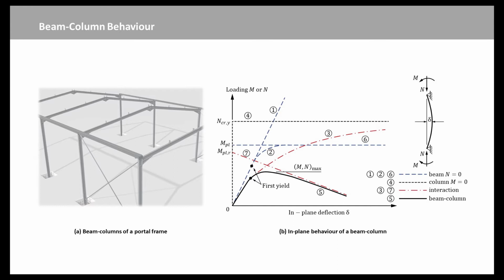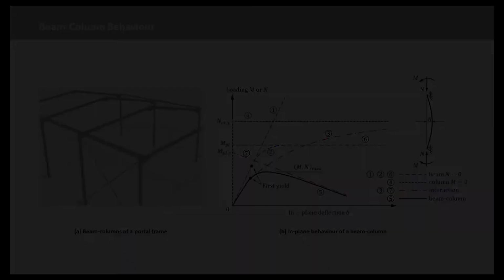This curve allows for reduction from the full plastic moment MPL to MPLR caused by the axial load, and for the additional moment N times delta. The actual behavior of a beam column is shown by Curve 5, which provides a transition from Curve 3 for an elastic member to Curve 7 for full plasticity.